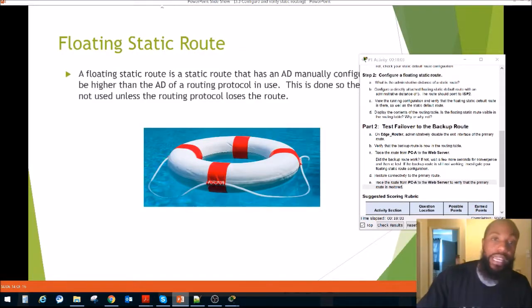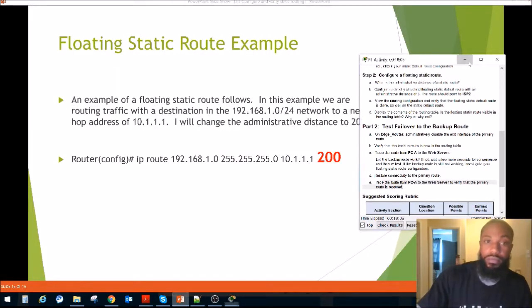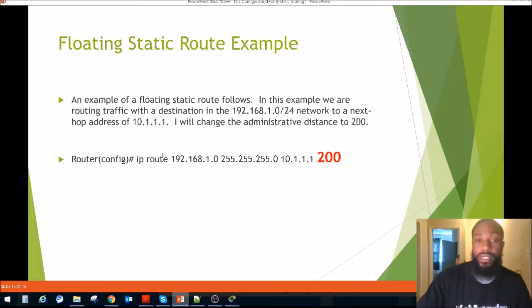So that's a floating static route. This is another example right here. This is just a configuration for it though. To get to that network and that subnet mask, take this interface, take this next hop router, but set the AD to 200 in this case.